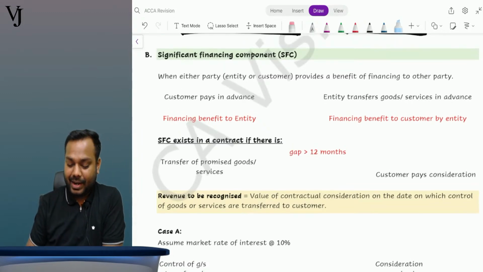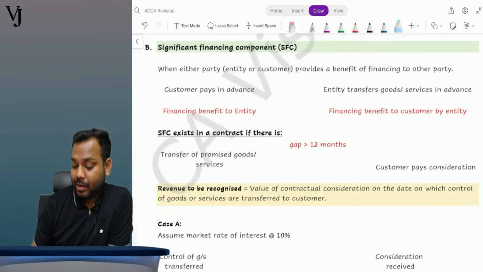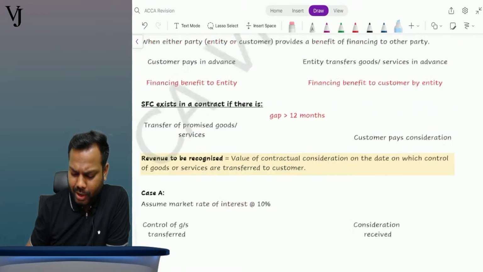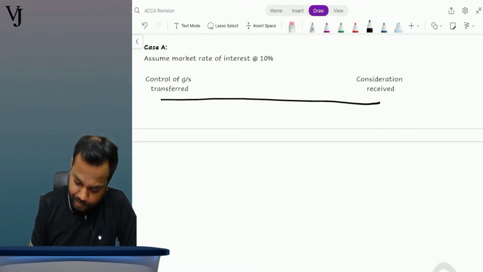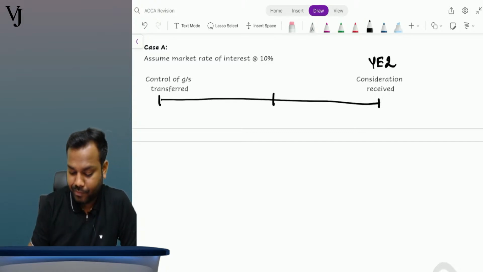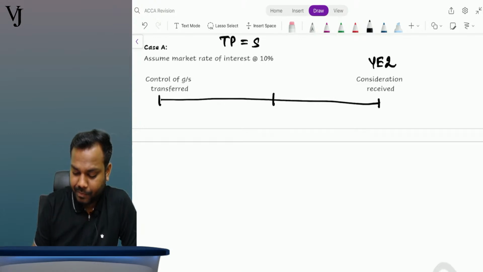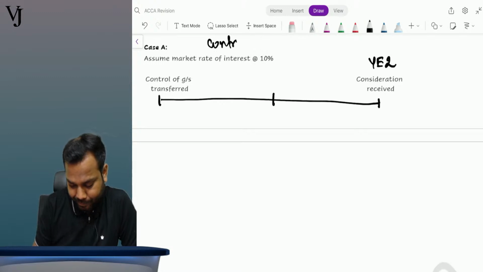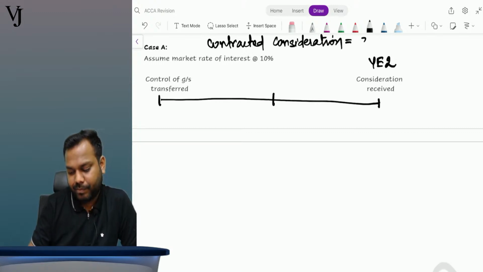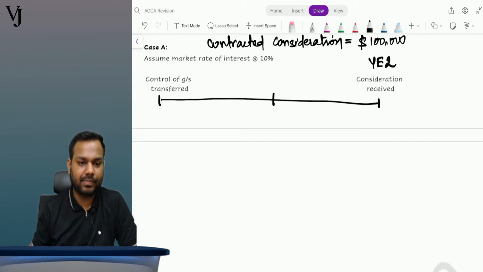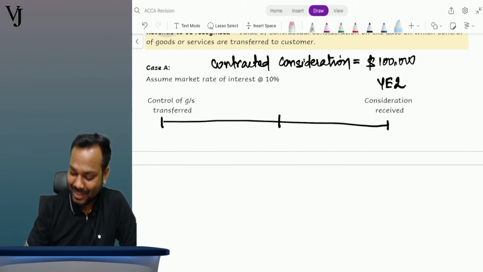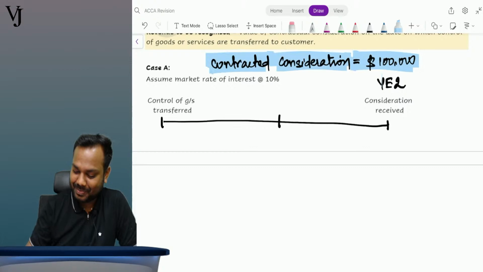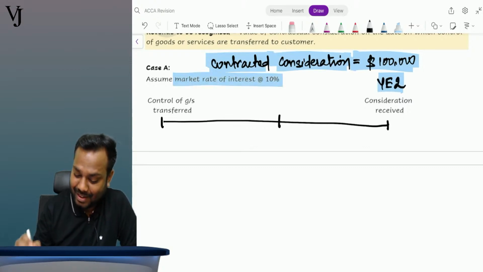Now, significant financing component. Rather than going to the concept, let's come to the example. What happens? Transaction price is $. Contracted.